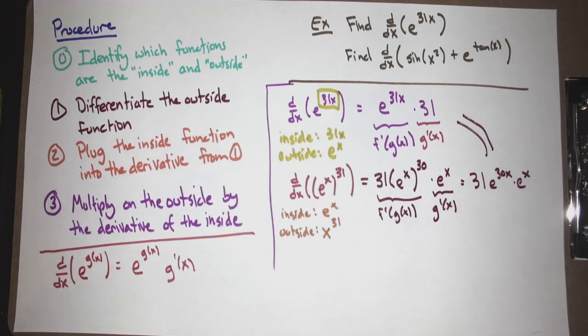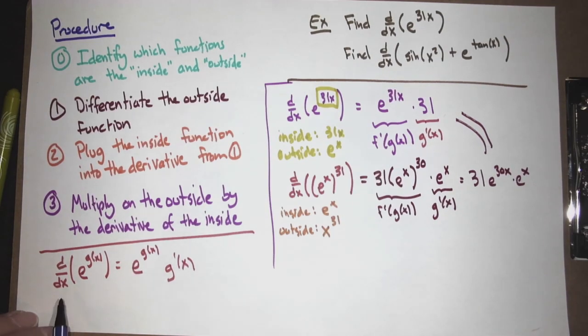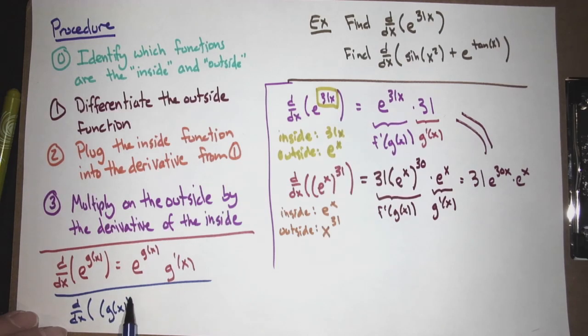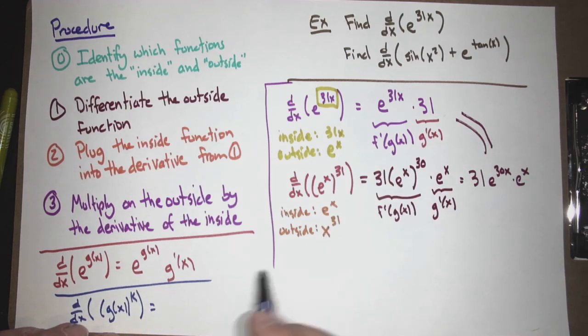So we should write down another rule. Let's see, I think we have enough space. We can squeeze it in. If we're taking the derivative of g of x to the power k, what will that be? This is usually called the general power rule. Okay, so the derivative is acting like x to a power.